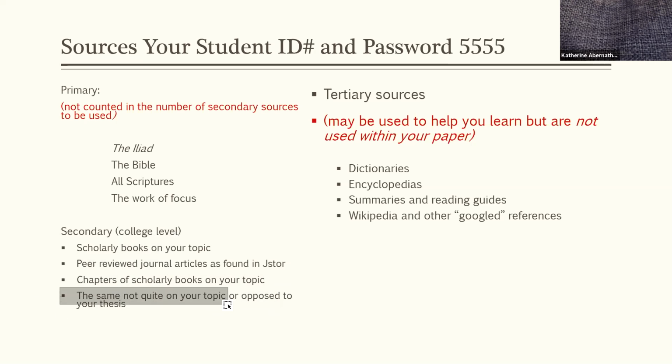Women in ancient Greece. That could work. I also might find a paper, an article or a book or a chapter that says that Homer can't stand women and makes them look stupid and inept. Okay, if I find something like that, I'm arguing against that in my paper. So I could find an article or a book that says I'm wrong.